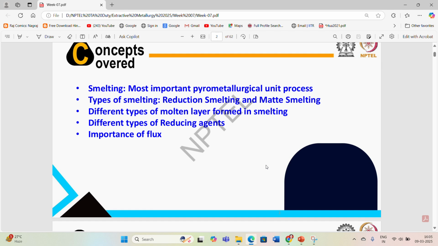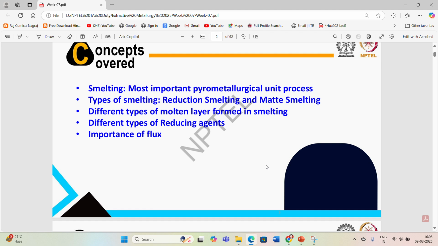Okay, so there is a basic difference between the melting and smelting process. We should not confuse smelting and melting. Melting is just like you are going for the melting of some metal, or we can say the melting of a scrap material, and you are just refurbishing that material.